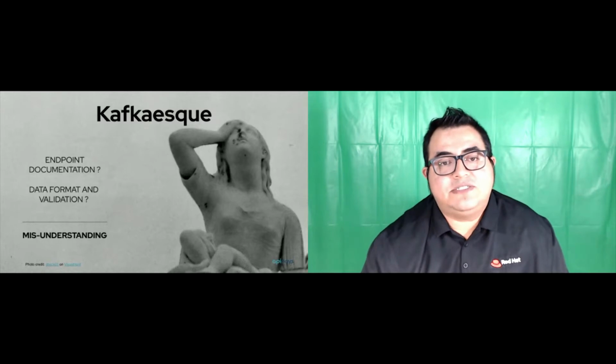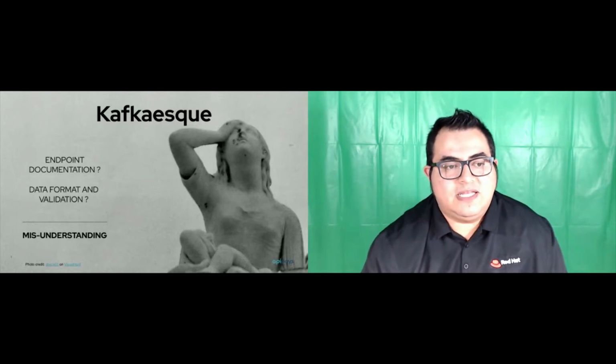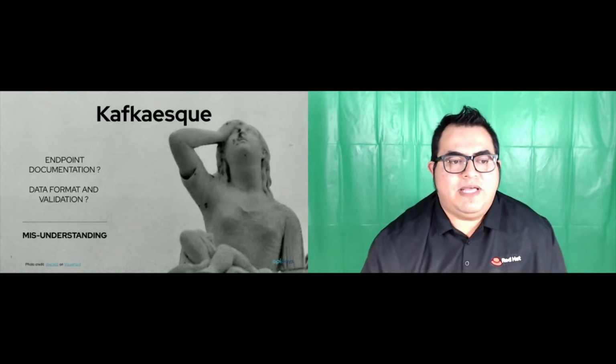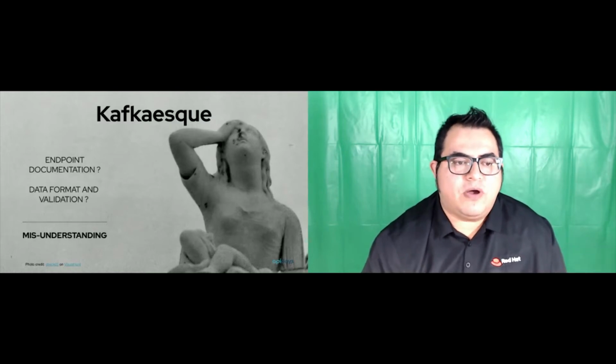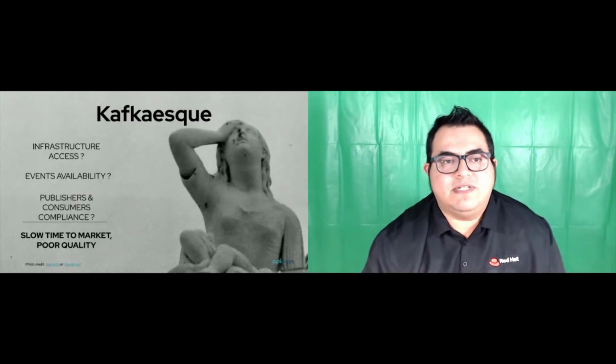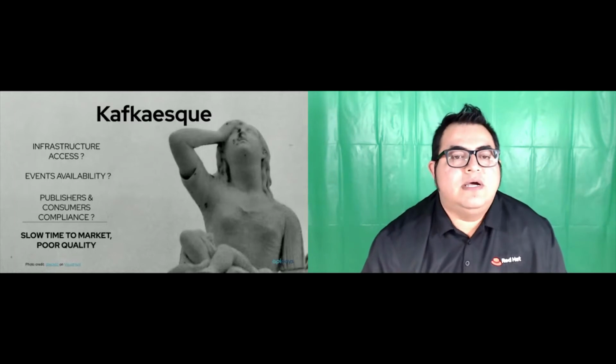The other challenge that we have in this Kafka world is also the infrastructure access. Where is it available or not? Can we use mocking? Are the events available? What are the type of events that I will be receiving? Like what are the examples that I will be getting?